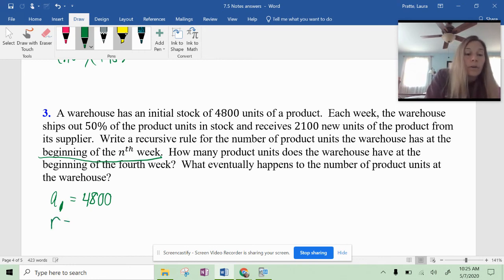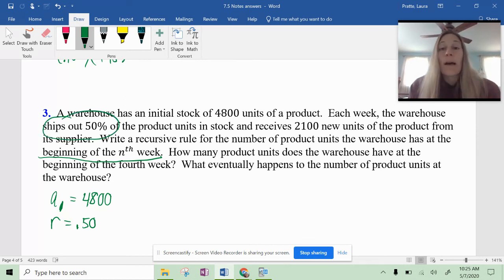Now, the R value here is just going to be 0.5 because if they're shipping out 50%, they still have 50%. So typically your R value is like, what do you still have? So if I take every number and I multiply it by 1/2 and I get the next number, multiply it by 0.5, you're still maintaining 50%. So the last problem, we were only maintaining 15% because we were losing 85.